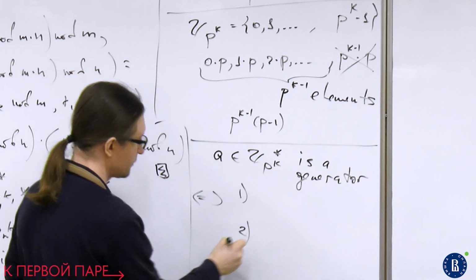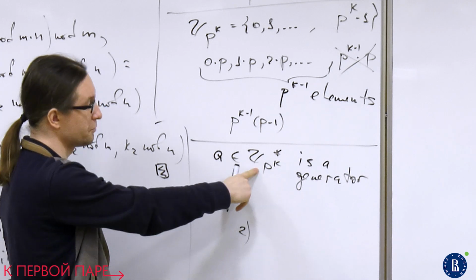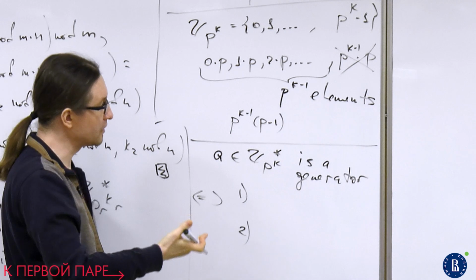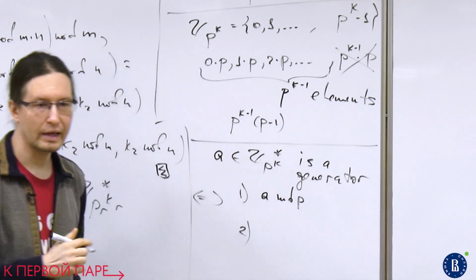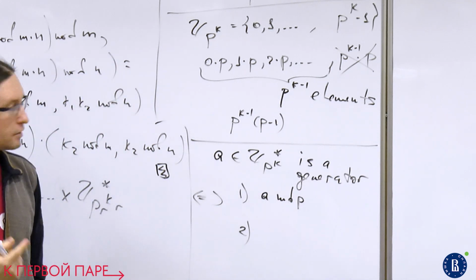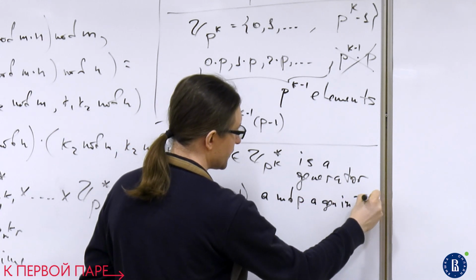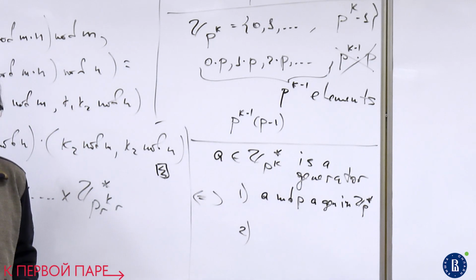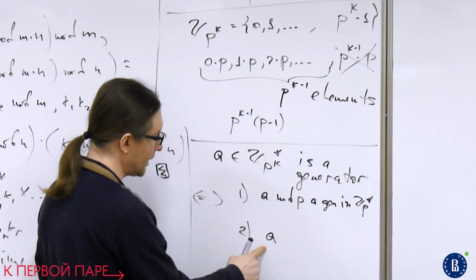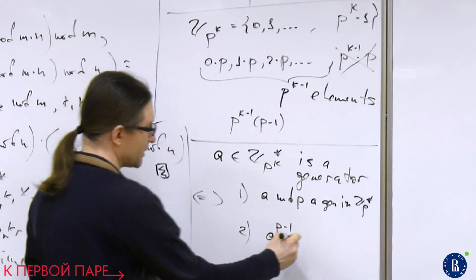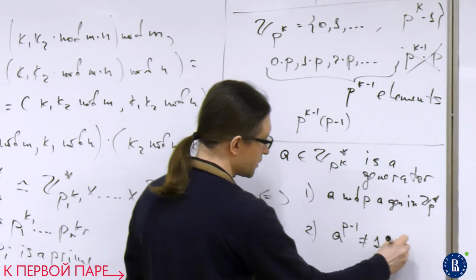Condition number one: A is a remainder modulo p to the k, so we can take it modulo p. Then it must be a generator in Z p star. This is the first condition. And the second condition: if you raise A to the p minus 1, it must not be equal to 1 modulo p squared.